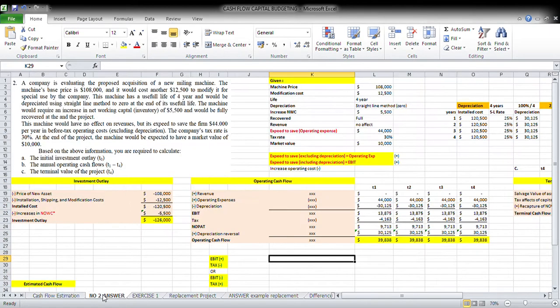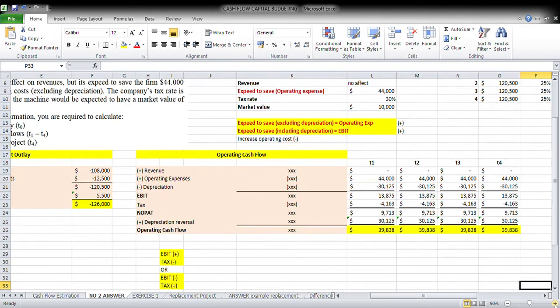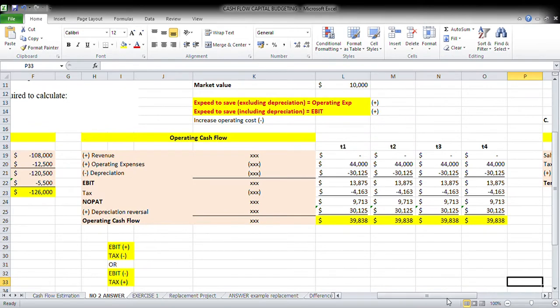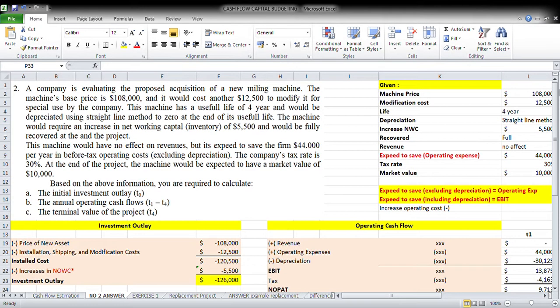So for the next, this is number 2 in your exercise. Okay, let's learn slowly and clearly because this is complicated, I think. A company is evaluating a proposed acquisition of a new milling machine.